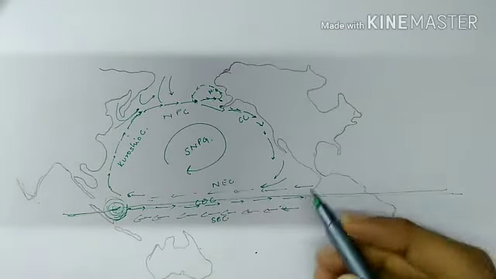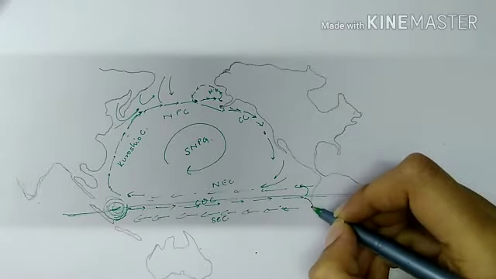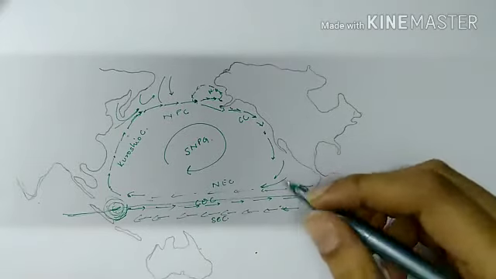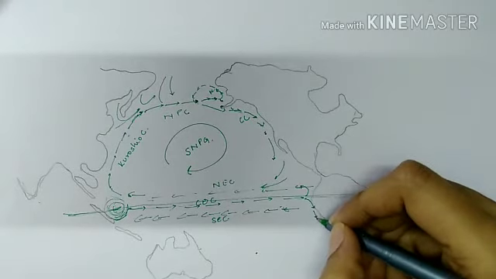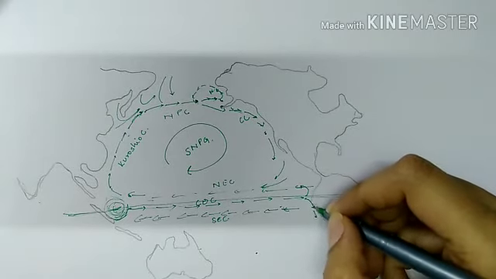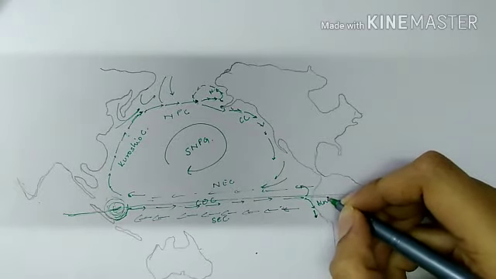This counter equatorial current moves towards both sides, and the one that is moving towards the south is known as the El Nino current.